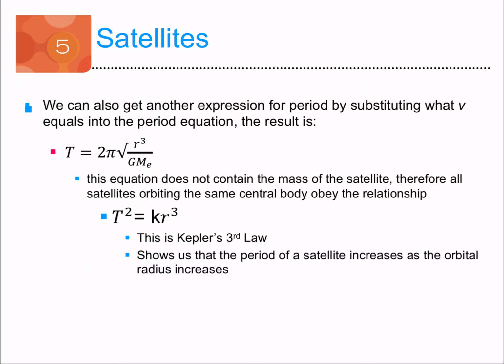We could also get an expression for period by substituting what v is into the period equation, and we come up with this equation: period equals 2 pi times the square root of r cubed over G times the mass of the Earth.